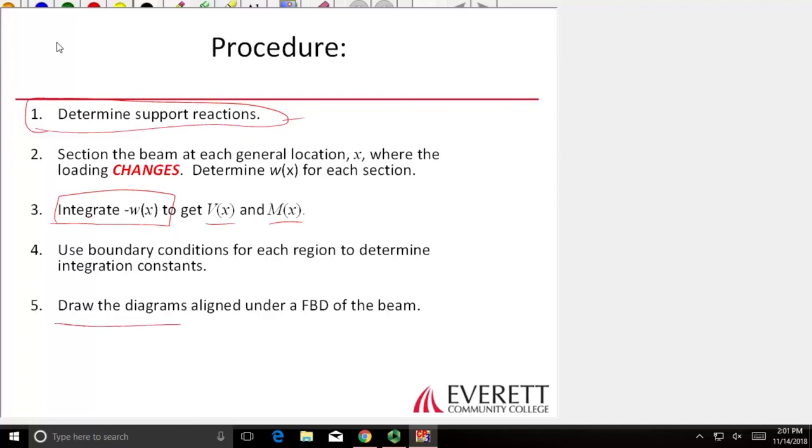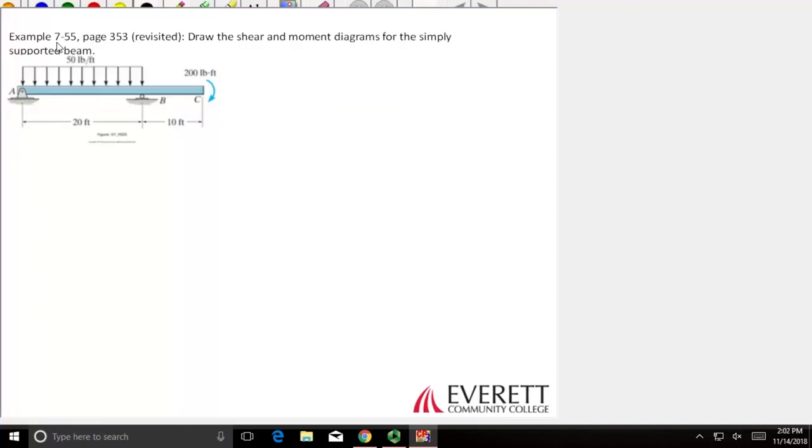Then we draw our diagrams right under the free body diagram of the beam. This is example 7-55. We want to draw the shear and bending moment diagrams. For step 1, we're going to solve for the support reactions. I'm going to do that over here. I'm going to replace the distributed load with a point load of, looks like 1,000 pounds.